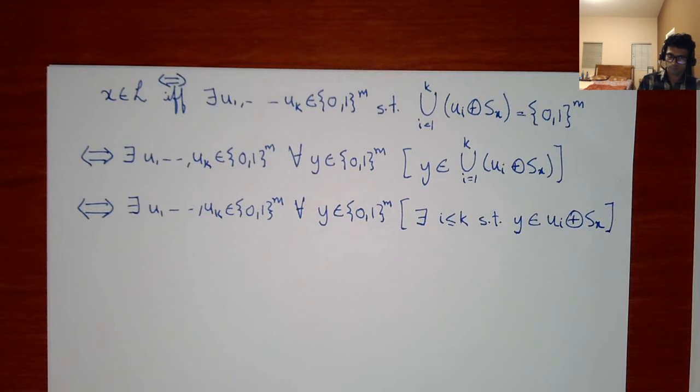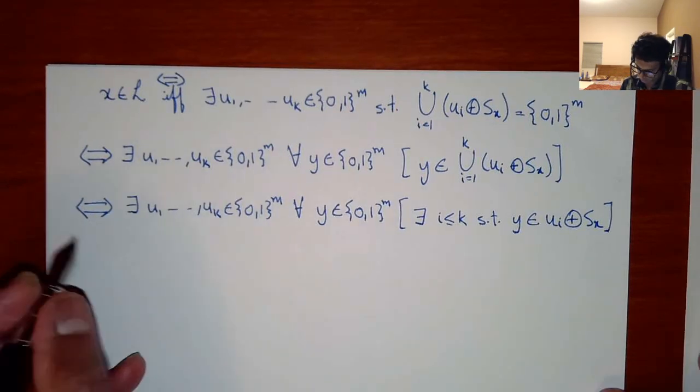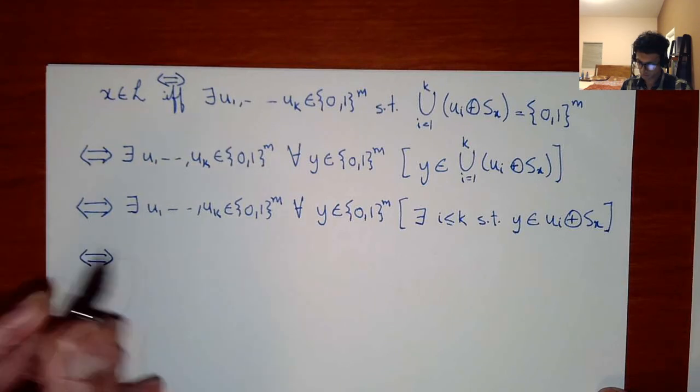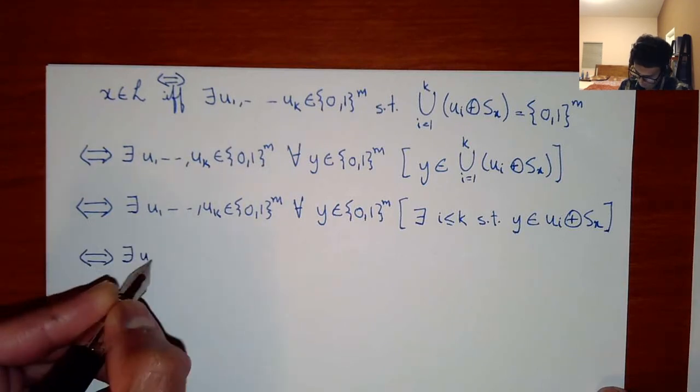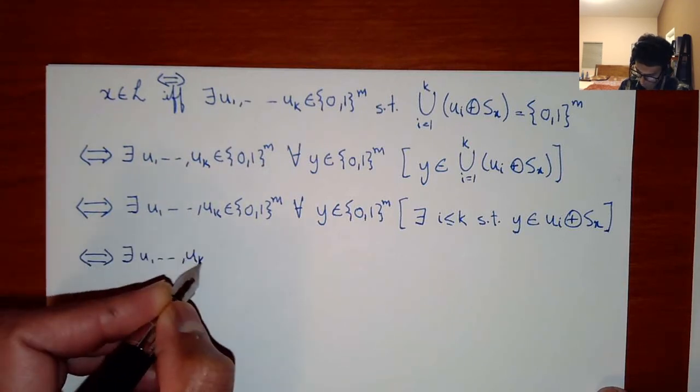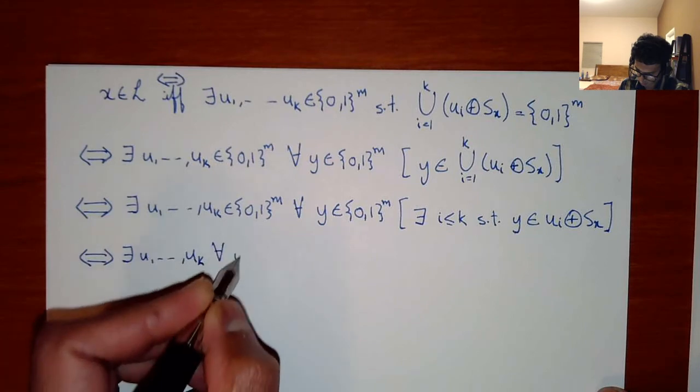Okay. So far, so good. There exists a U1 to UK such that for all Y. I'm not going to write the sizes anymore because the sizes have all been fixed.